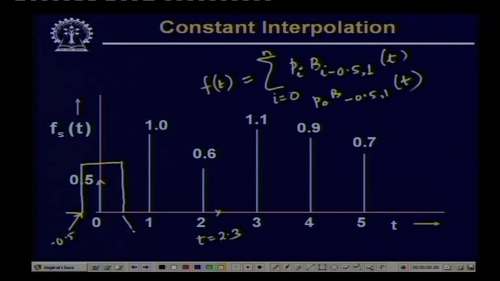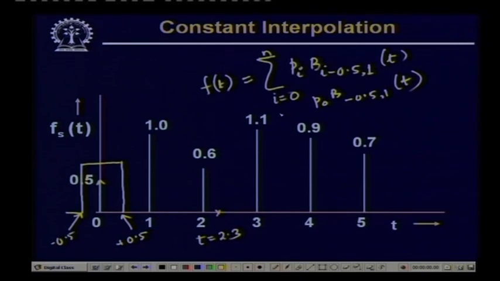which is equal to 1 from minus 0.5 to plus 0.5. So, here again you find that this B minus 0.5 1 t is equal to 0 beyond t equal to 1.5. So, this P 0 does not have any contribution to point t equal to 2.3, because at this point the contribution of this particular product P 0 B minus 0.5 1 t will be equal to 0.